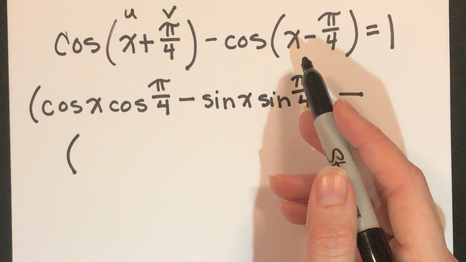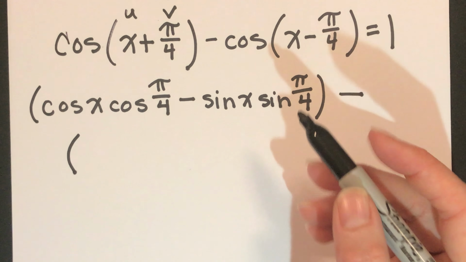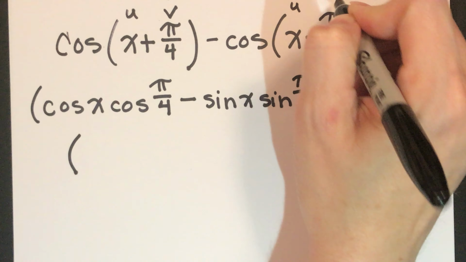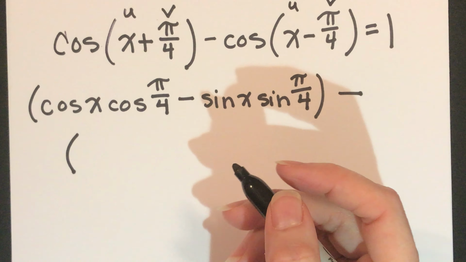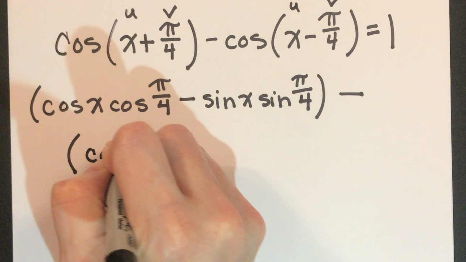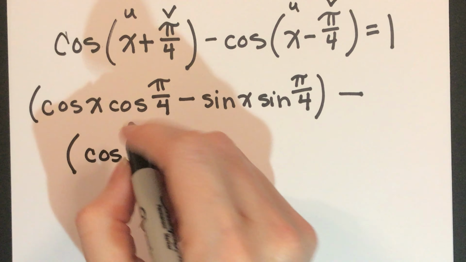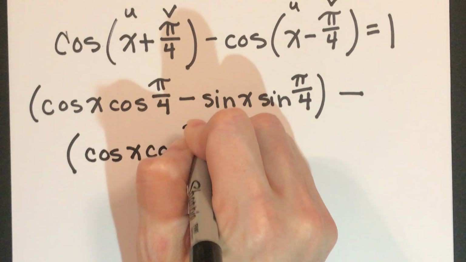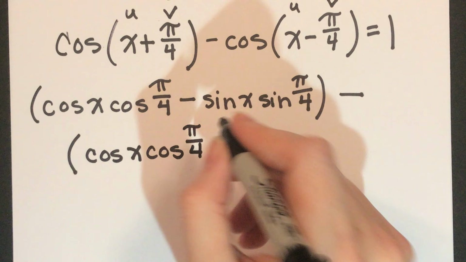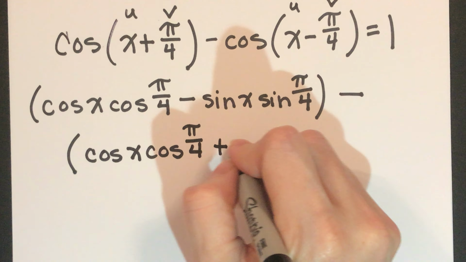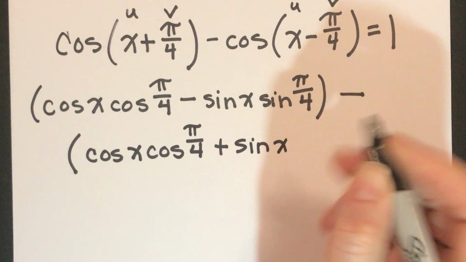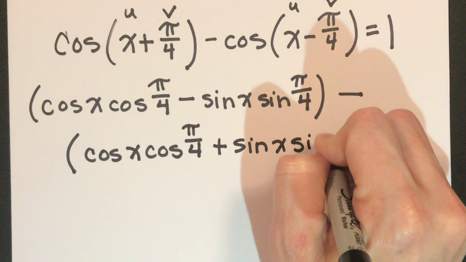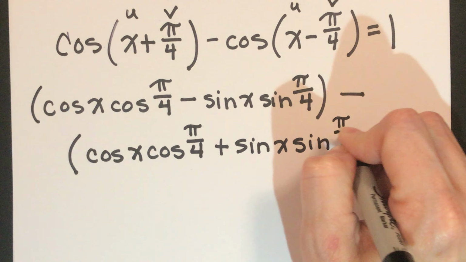Okay, so the difference formula says, again, I'm going to label u and v. So the cosine of u times the cosine of v plus the sine of u times the sine of v.